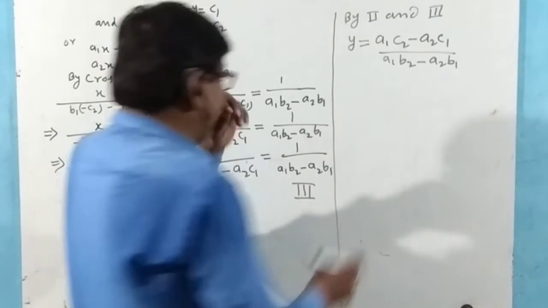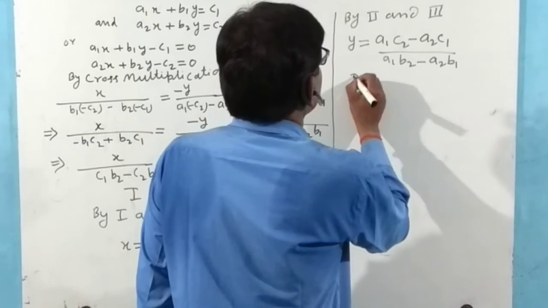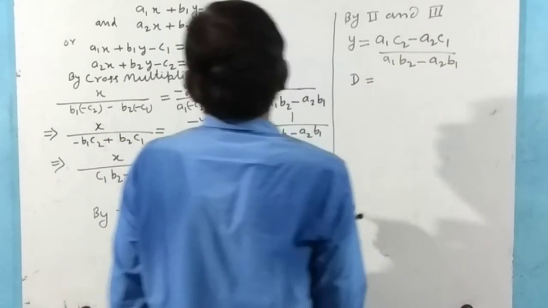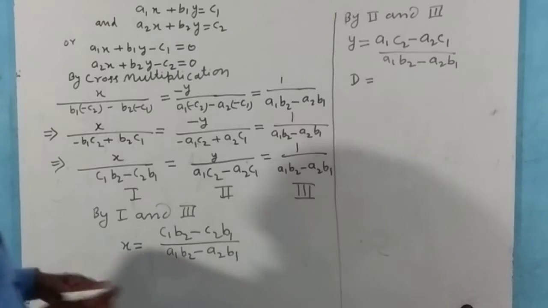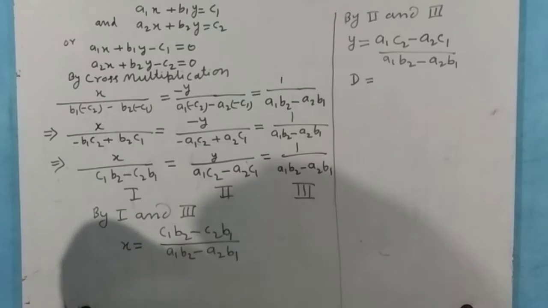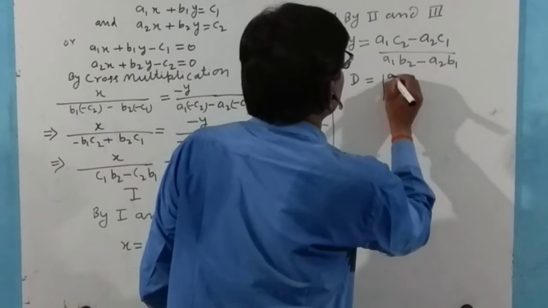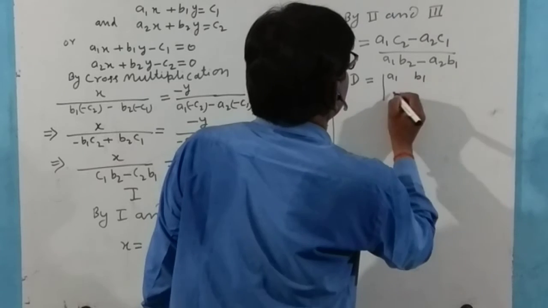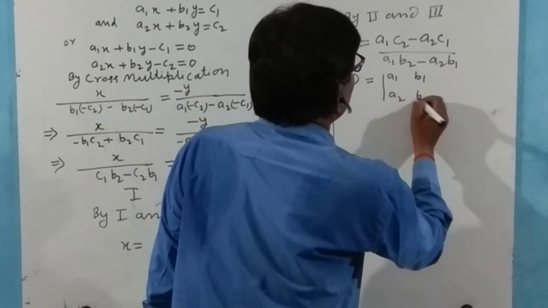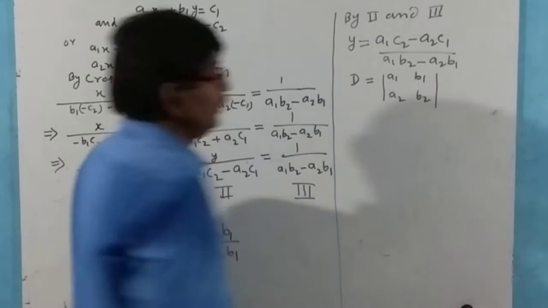Now we write D as the determinant, a1 b1 a2 b2.